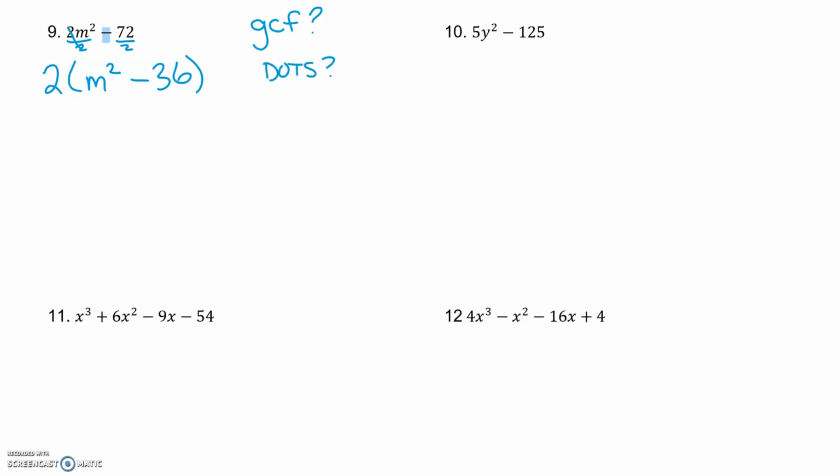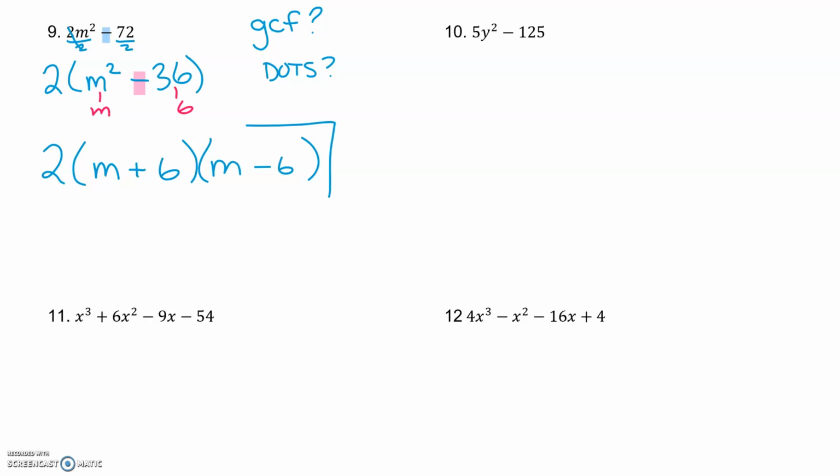So when we look inside the set of parentheses, yes, I still have subtraction, and yes, now I have a difference of squares problem because m squared is the perfect square of m, and 36 is the perfect square of 6. So we have our GCF of 2 on the outside, and then we have our 2 sets of parentheses, which give us an m plus 6 times m minus 6.